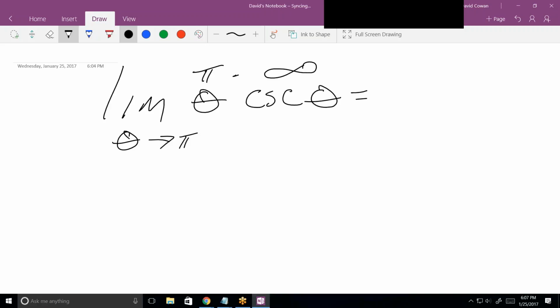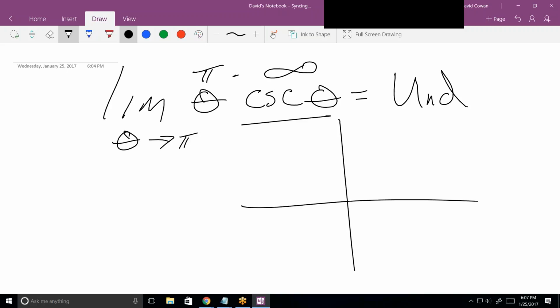Yeah, they're going to say undefined. Okay. And that's fine. In other words, the cosecant of pi is really not defined because it's positive infinity if you approach it from the right, but it's negative infinity if you approach it from the left.